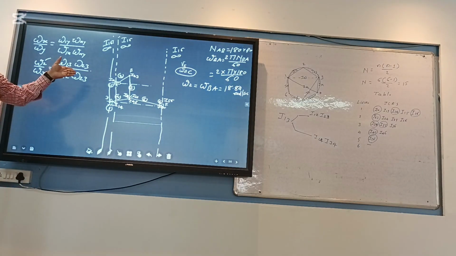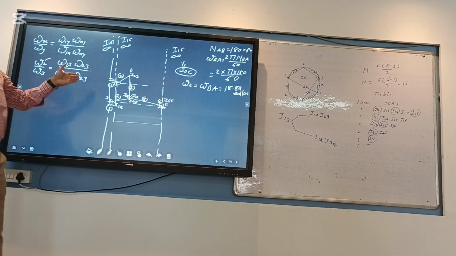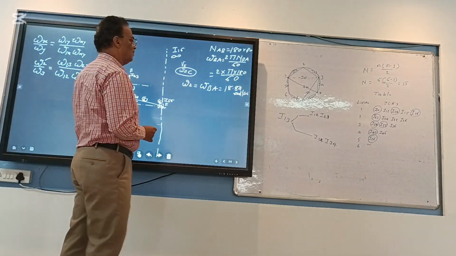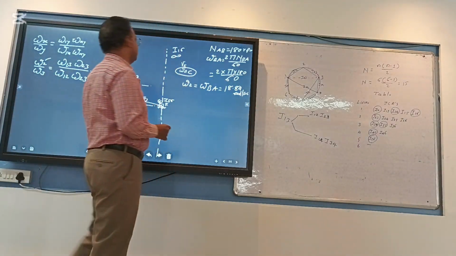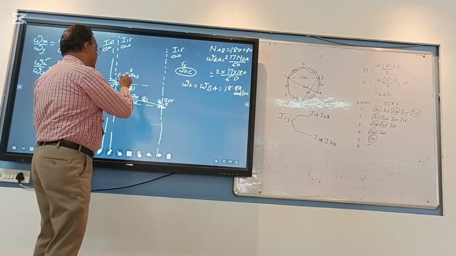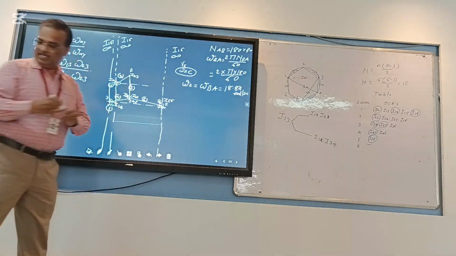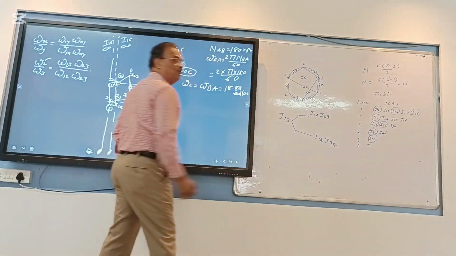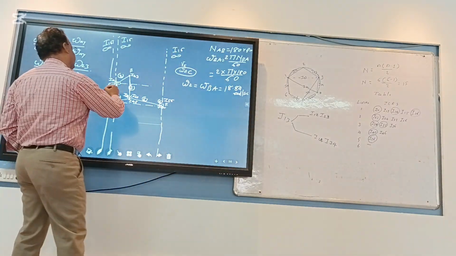Now come to your diagram. Where is the 1, 2? This is the 1, 2. Where is the 2, 3? This is the 2, 3. In the line of 1, 2 and 2, 3, which ICR will come? 1, 3. So I will extend this.